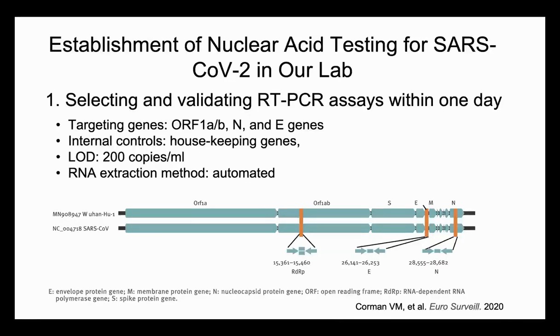After quick validation with quality controls and around 100 clinical specimens with the 2 test kits in parallel, we eventually established the assay in 1 day, which had the 3 target genes, a housekeeping gene as internal control, 200 copies per ml for the limit of detection level, and an automated RNA extraction method.